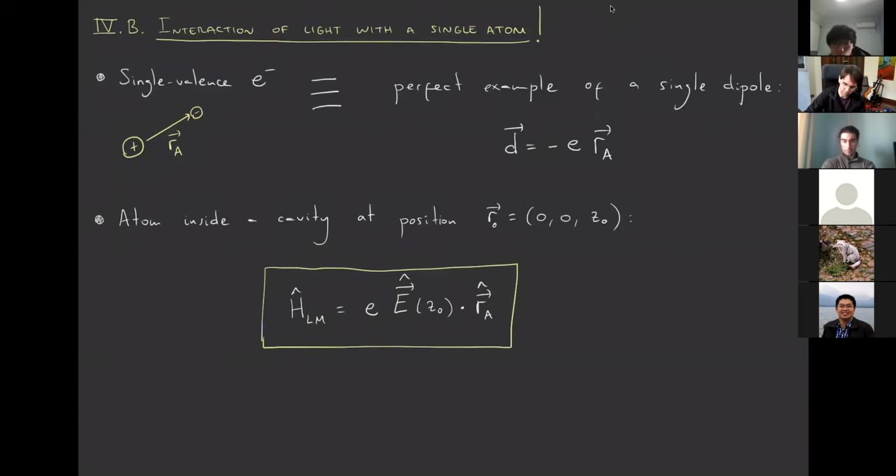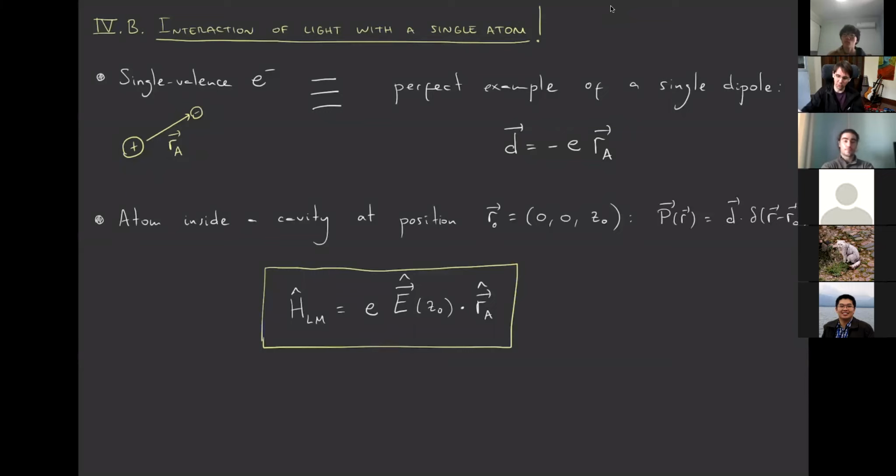But of course, this comes from the fact that we have a single dipole, and therefore the polarization that we define, P of R, is just the dipole moment D times the delta function at the position of the atom.